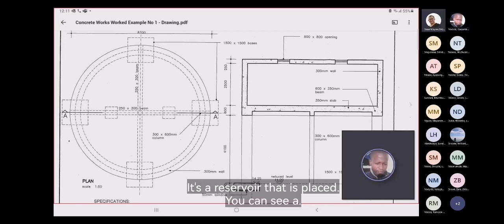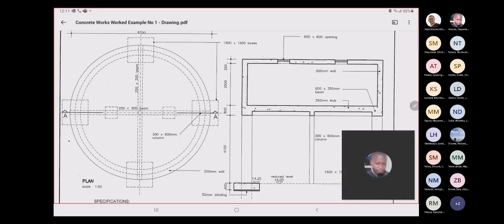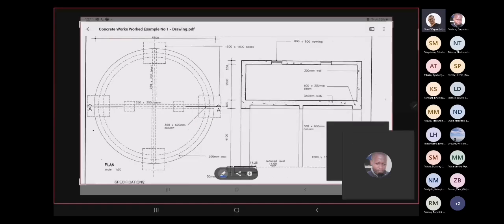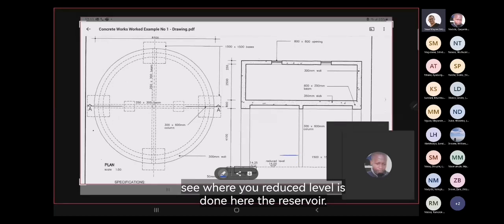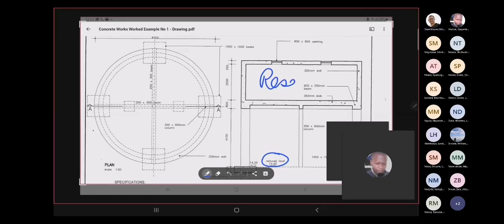It's a reservoir that is placed up in the air. You can see where your reduced level is down here. The reservoir sits up in the air.